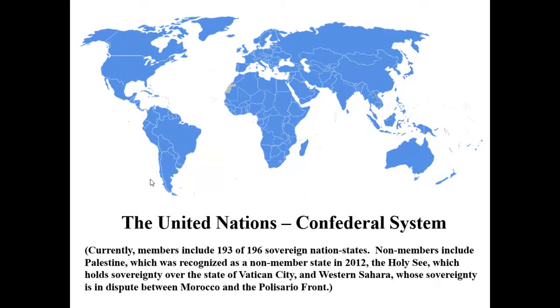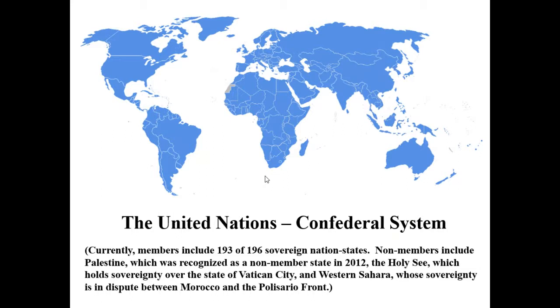The best example I can give you today of a confederacy is the United Nations. The 193 members of the United Nations are a confederacy. And it's important to note that each of the member states, each of the member nations, retain their sovereignty. And they aren't about to give it up.